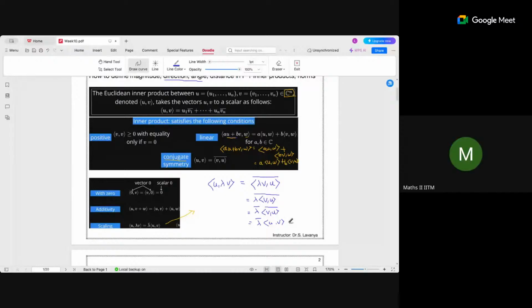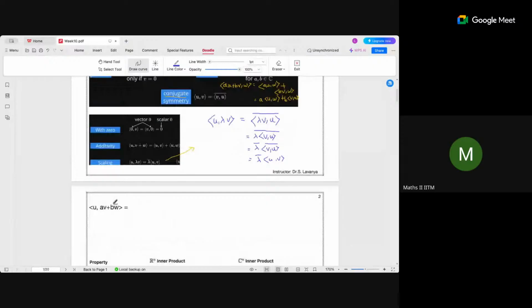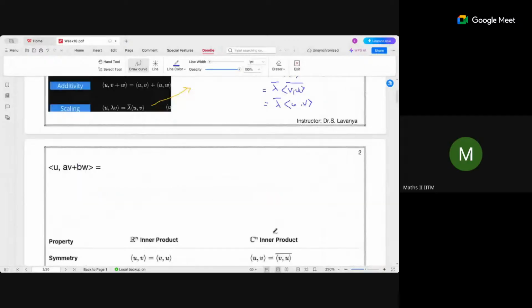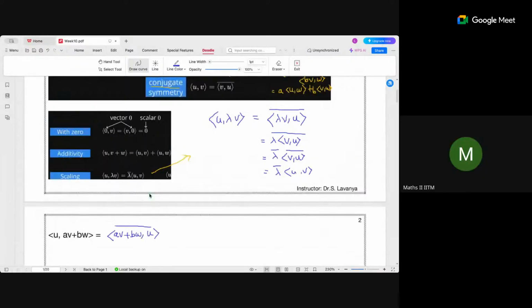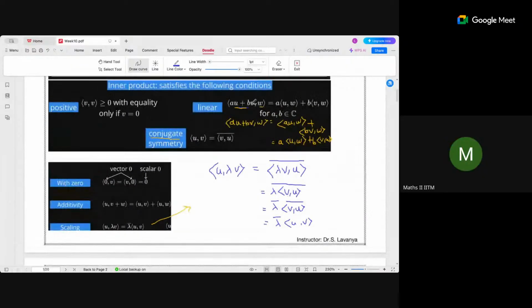Now similarly, can you tell what happens with linearity in the second argument? Can you do something very similar to what we did here? First, flip the argument. If you flip, what will happen? The inner product of u comma av plus bw becomes the inner product of av plus bw comma u, with a whole bar. Then you know that you have linearity in the first argument, so apply linearity here.